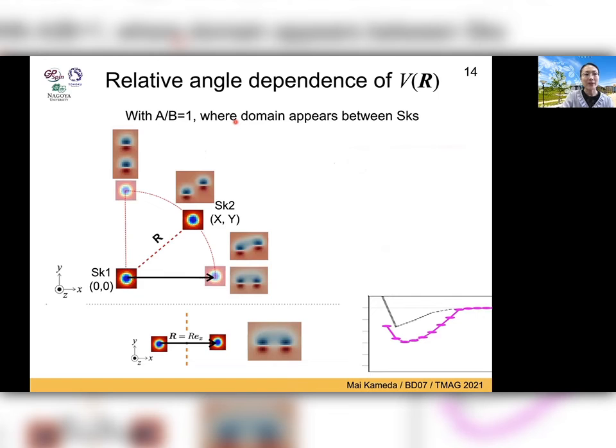We also calculate other directions. To change the relative angle from 0 degrees to 90 degrees, we fix skyrmion 1 at the origin and systematically change the position of skyrmion 2 on a 2D square lattice.